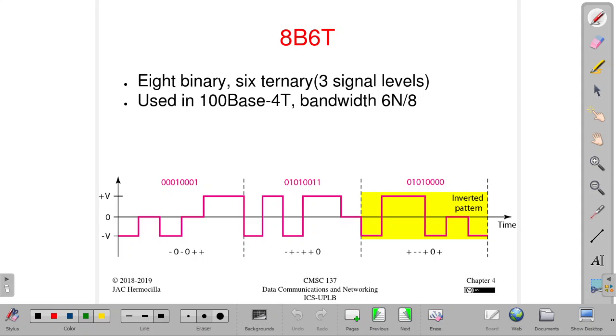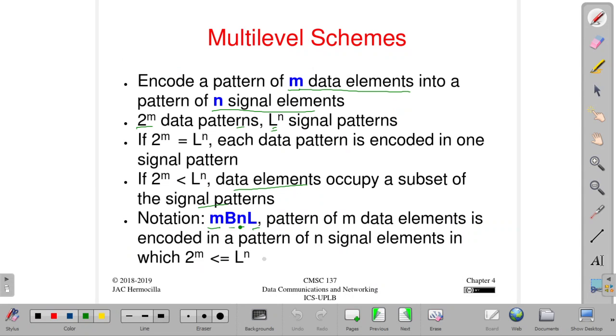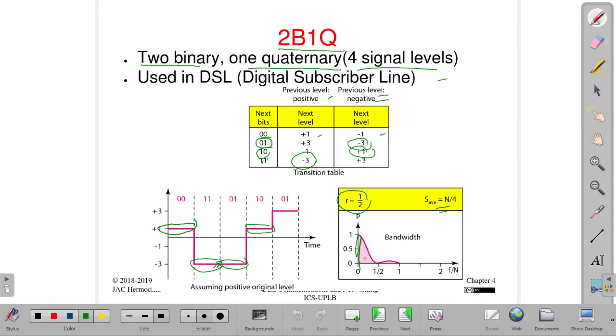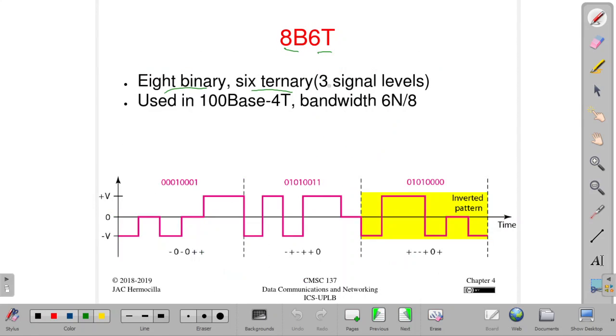Then we also have 8B6T, so 8 binary and 6 ternary, 3 signal levels. Remember that L here is the number of signal levels. This is used in fast Ethernet, 100BASE-4T twisted pair, and the bandwidth is 6N/8.